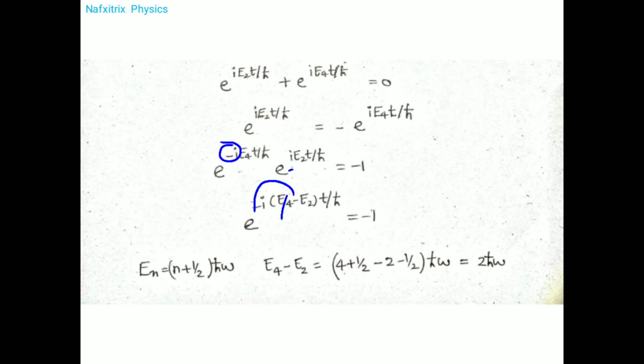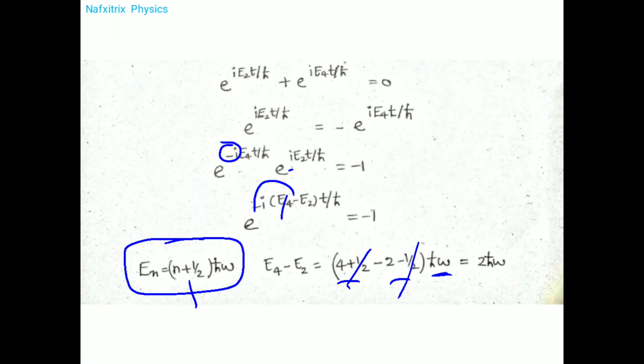That means the difference in the energies we would get. As it is given, it is a harmonic oscillator, so we know that the energy for the nth state of the harmonic oscillator is (n + 1/2)ħω. So E4 is (4 + 1/2)ħω, and E2 is (2 + 1/2)ħω. We just need to subtract, so the half would get cancelled. 4 minus 2 is 2ħω. So this is the remaining.